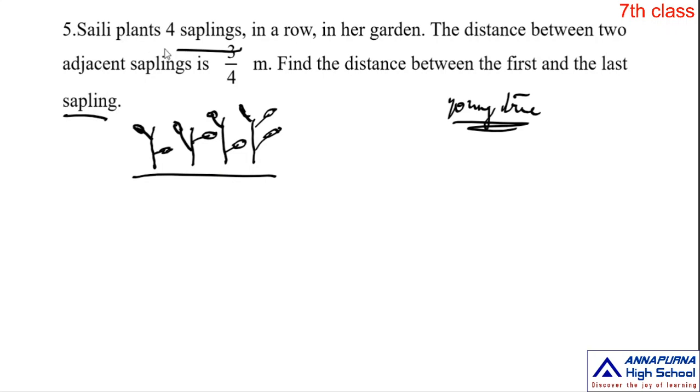Here she plants 4 saplings, 1, 2, 3, 4. So young trees, sapling means young tree, in a row in her garden.